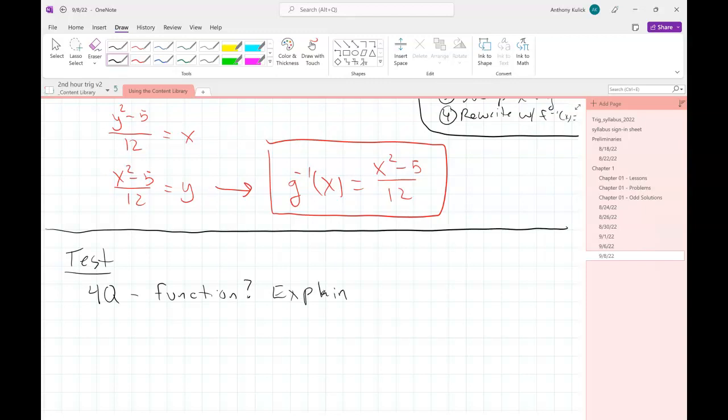So the first 4 questions I'm going to give you and ask you if it represents a function or not, and to explain your answer. So just yes or no if it's a function, and then some kind of explanation as to how you knew. Sounds just like the first couple of homework problems, right?